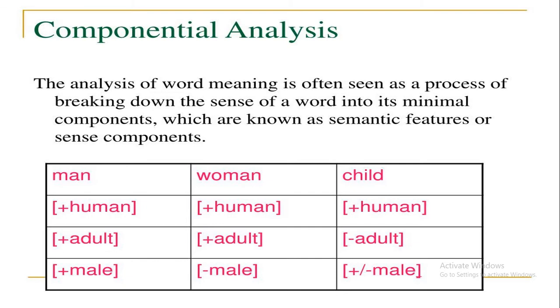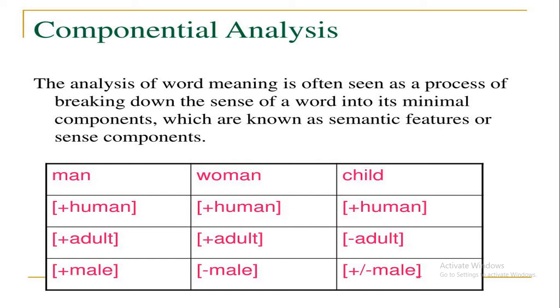When we come to the word man, regarding the semantic component human, we put plus for all the words, man, woman, and child, because the three of them are human.